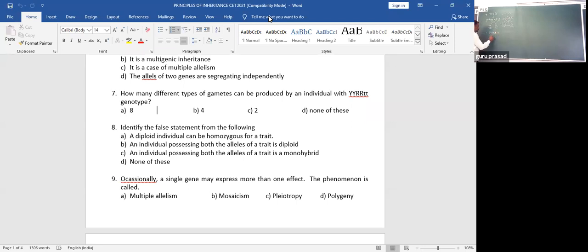Okay. So Y as R as it is, but here it produced two different types of possibilities. So therefore, capital T is 1, Y as it is, R as it is, small t. So here you can obtain two types of gametes if it is in heterozygous condition.